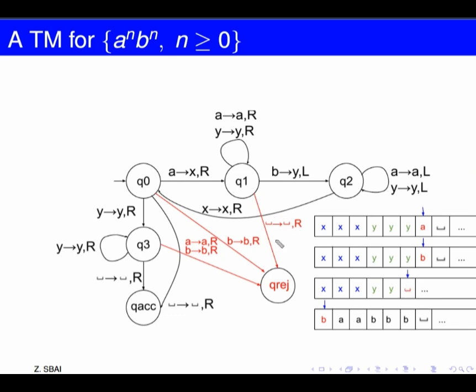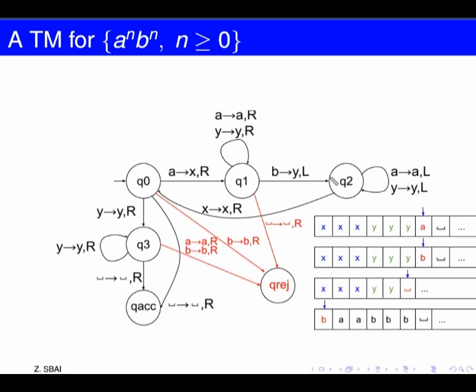And in this case, we will halt and reject the input. From here, if we find that after all the Y's here, we still see a symbol A or the symbol B on the tape, this means that also the number of A's and B's is not good and we will halt and reject the input.